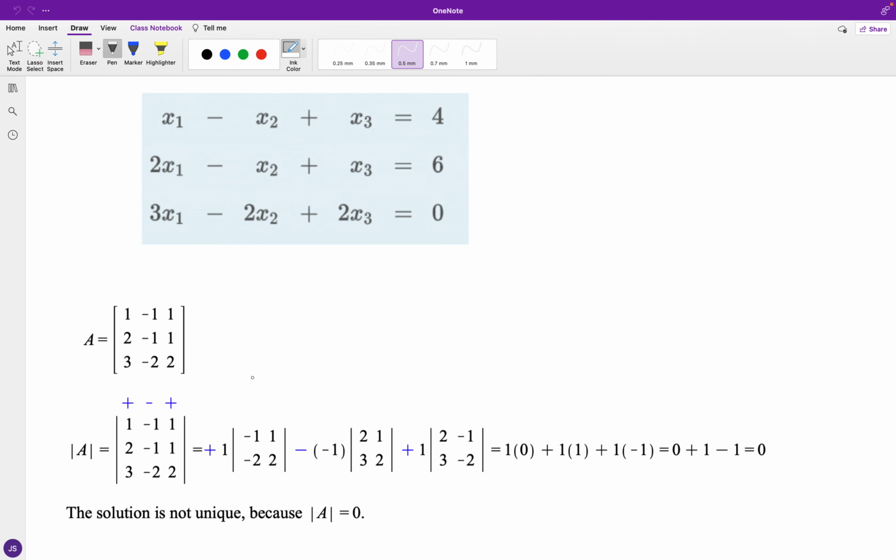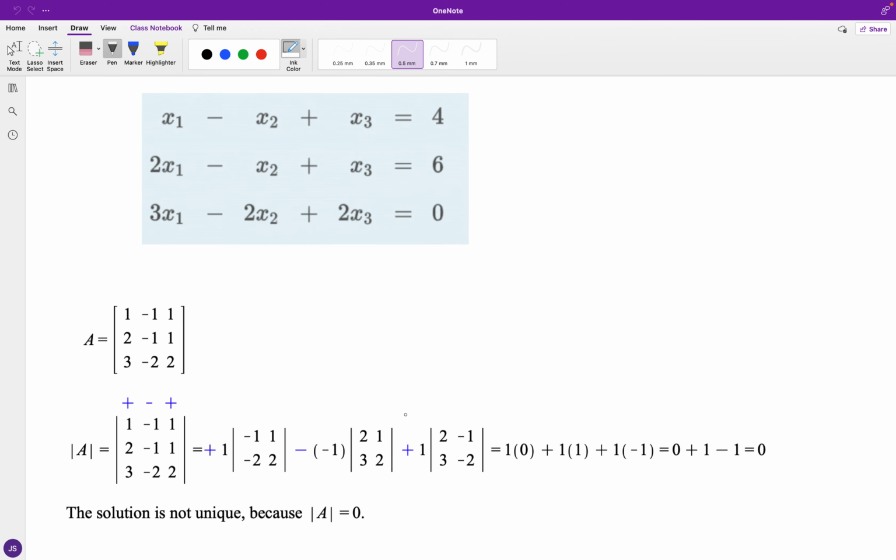And attaining the value of the determinant of the coefficient matrix, we have, for the follow through, plus 1 times the minor of the first row, first column, and minus negative 1, or plus 1, times the minor of the first row, second column, and finally plus 1 times the minor of the first row, third column.